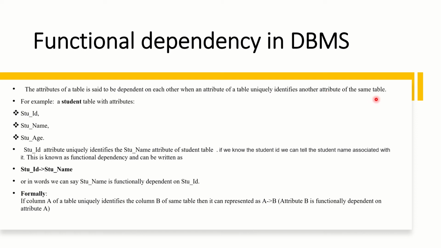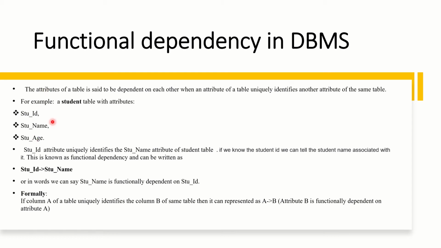Then there comes the meaning of functional dependency. That means we have a table or a relation which consists of any number of attributes, and based on one attribute we can determine the values of another attribute of the same table. We can tell there exists a functional dependency inside that table.